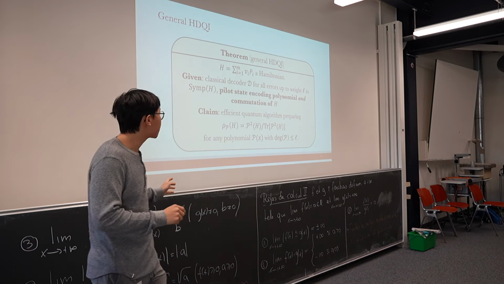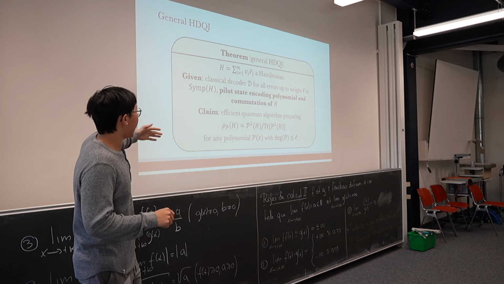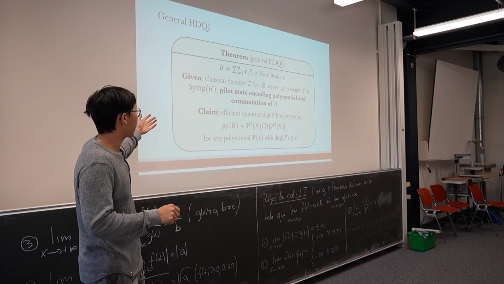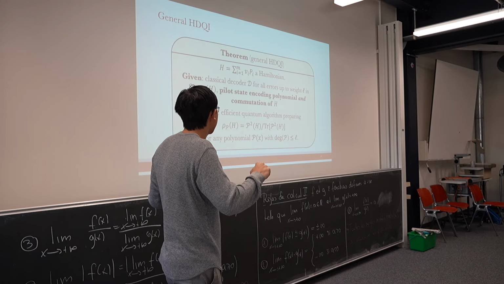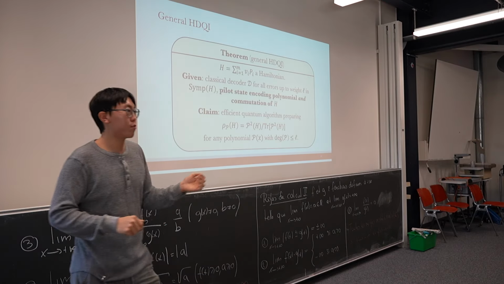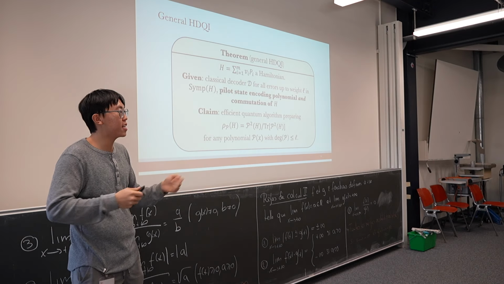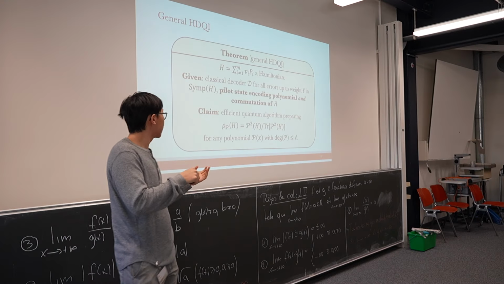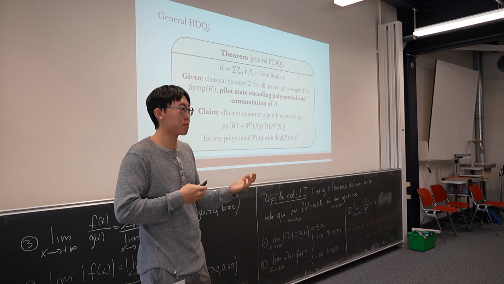That's the part that matters. If I'm able to prepare this complicated state, and I can still do the previous decoding on the symplectic code for H, then I can go back and do exactly what I had before, which is prepare this polynomial, apply it onto the Bell state, trace out half of the qubits, and get this nice state that we want that can do things like approximate the Gibbs state.